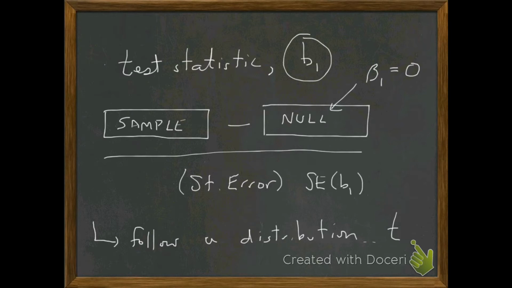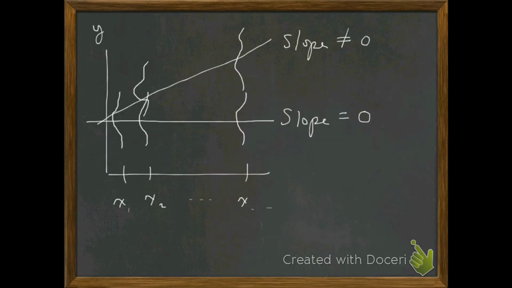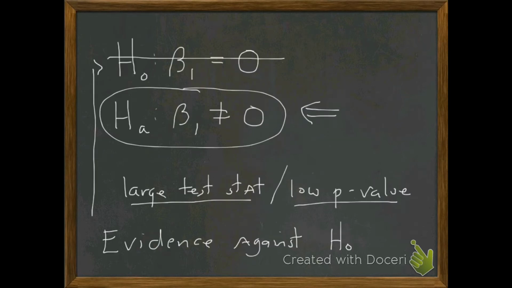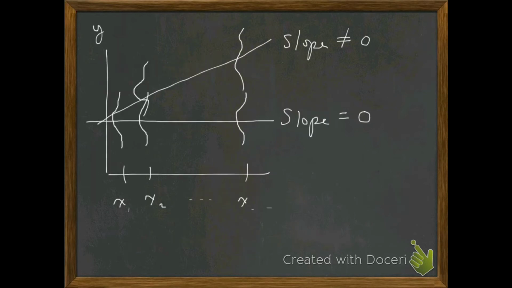Now, if we do get statistical significance and we reject the null, then we're saying our slope is not 0. Well, that really narrows it down, doesn't it? We're saying our slope is somewhere from negative infinity to 0 and 0 to positive infinity.